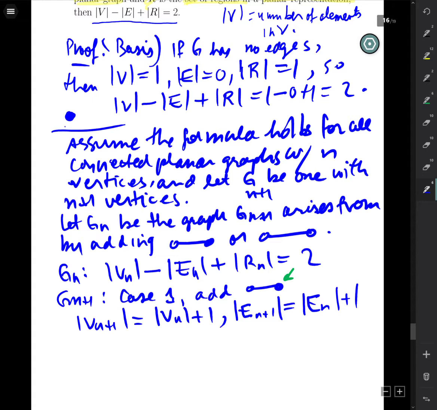So how about the number of regions? Did the number of regions also increase by 1 or not? Well, if you imagine what the graph looks like in this case, we've got some sort of graph going on here, and we added to an existing vertex this new edge vertex pair, but this is a pendant. It didn't change the number of regions, so the number of regions stayed the same.